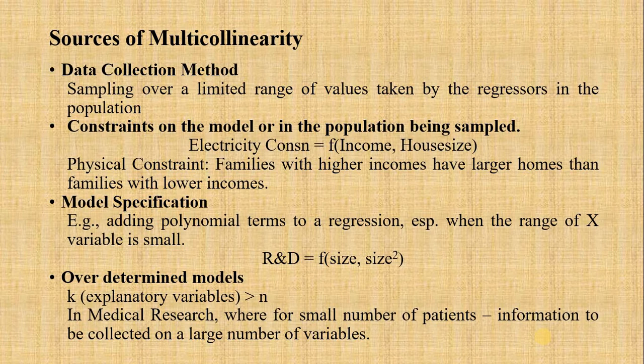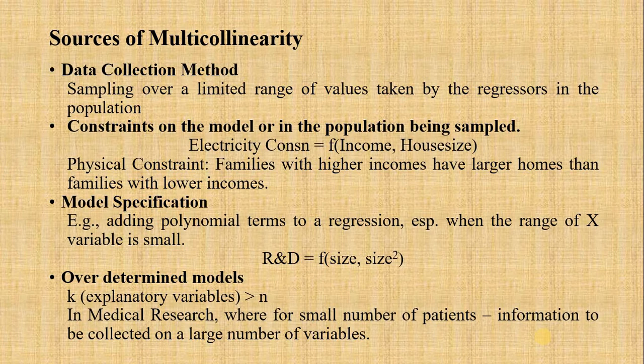Second issue is constraints in the model or constraints in the population being sampled. In certain cases we will have a constraint. Look at this example: electricity consumption is a function of income and house size. Electricity consumption in a household is a function of income and the house size.